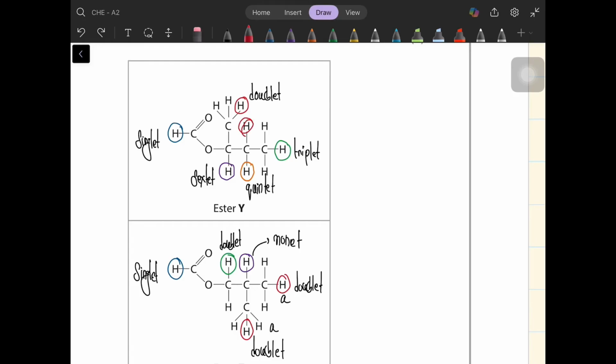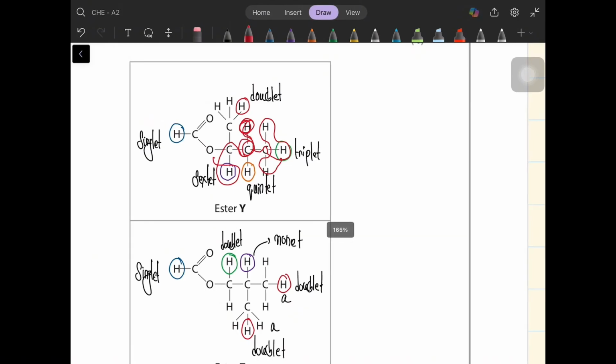Next, a hydrogen that is joined to a carbon that is joined to a carbon with one hydrogen over here, and the hydrogen again joined to a carbon that is joined to a carbon with 3 hydrogens over here. So we have a total of 1 plus 3, so 4, plus 1 is equal to 5.